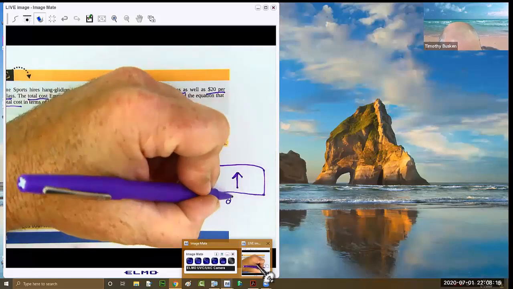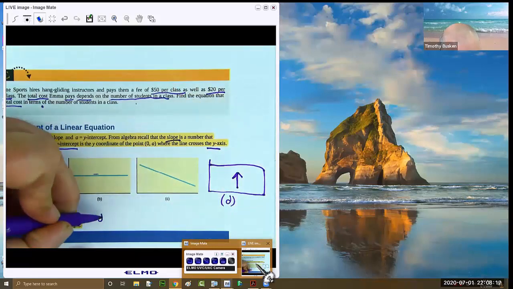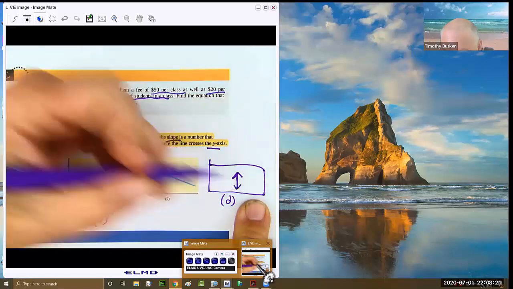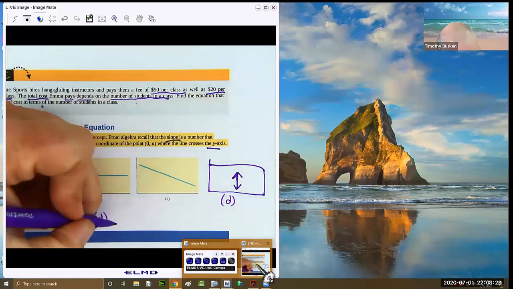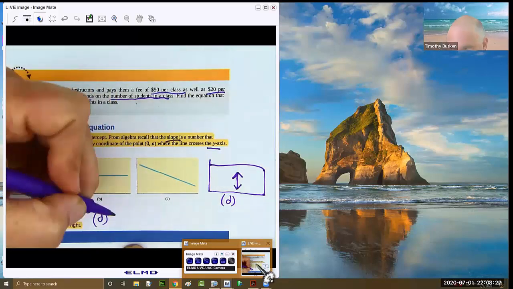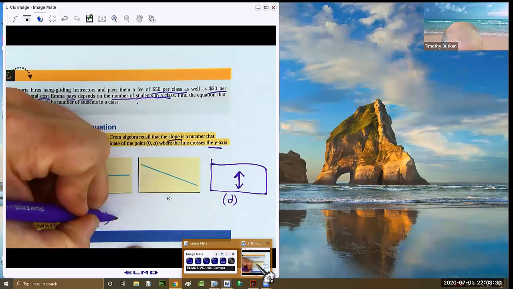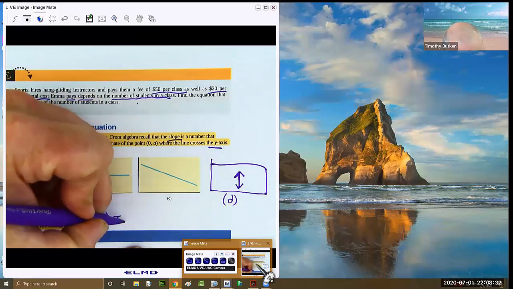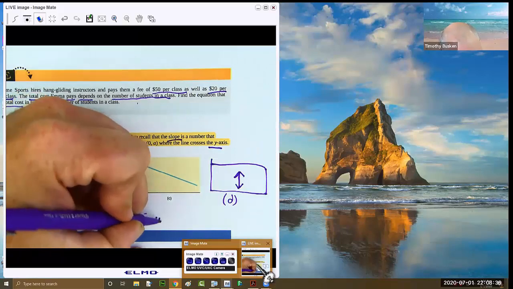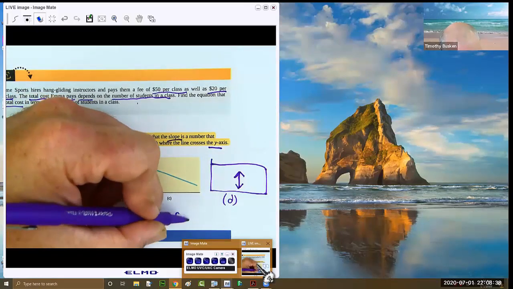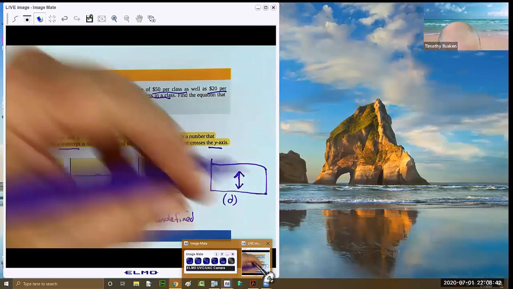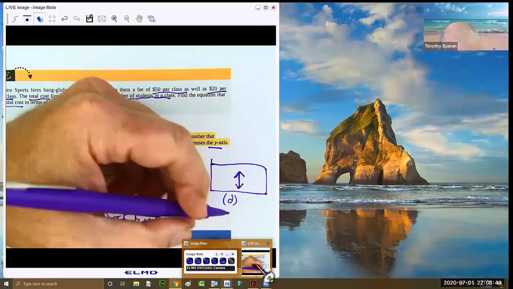So if I want to make a fourth graph here, it would be the graph of a vertical line, and the slope is undefined or infinite. Another way of saying this is the slope is infinite, and you have a vertical line.